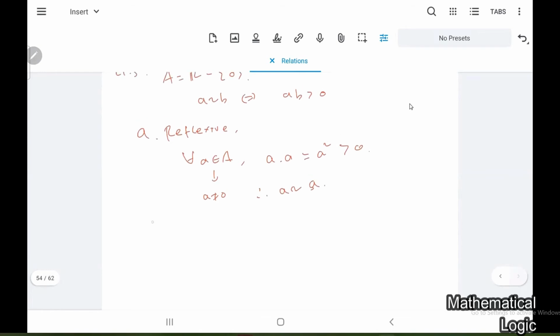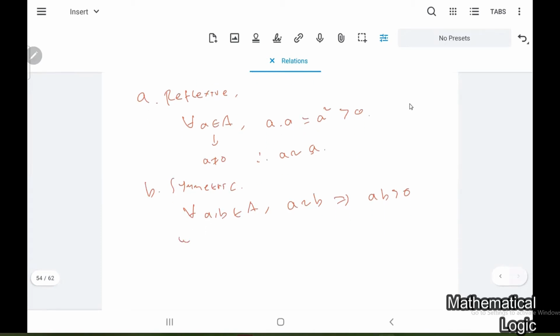The next one is symmetric. For every a and b in A, when a is related to b, this implies ab is greater than 0. We want to prove that b is related to a.